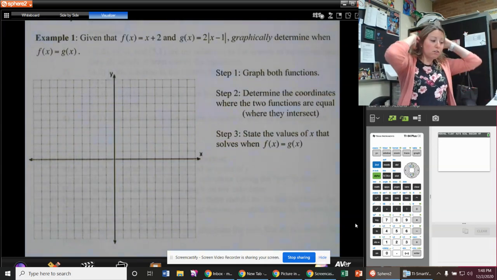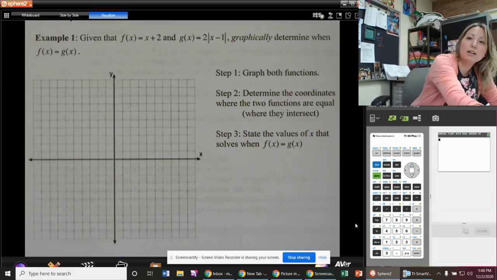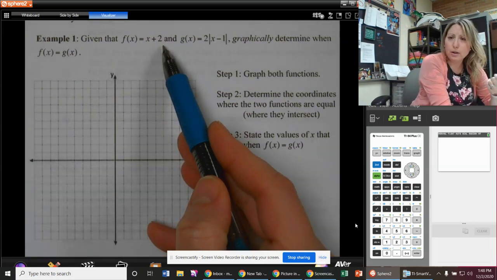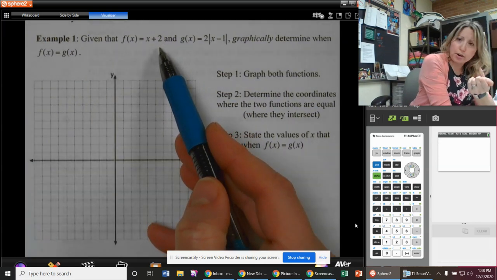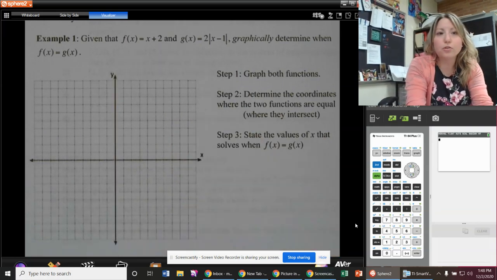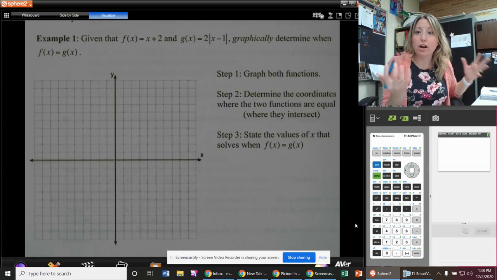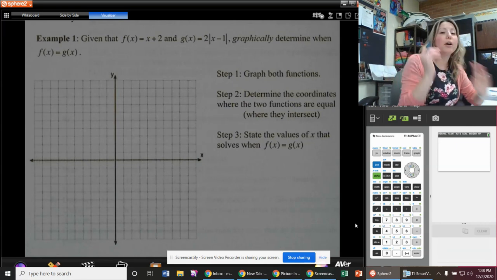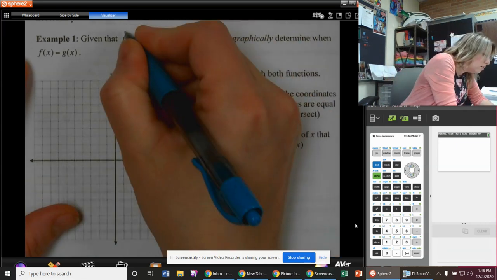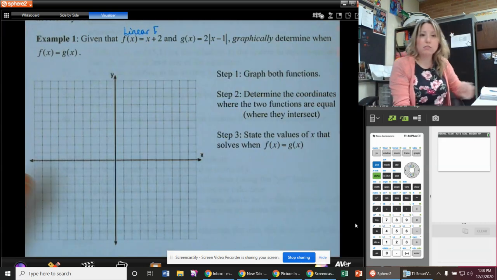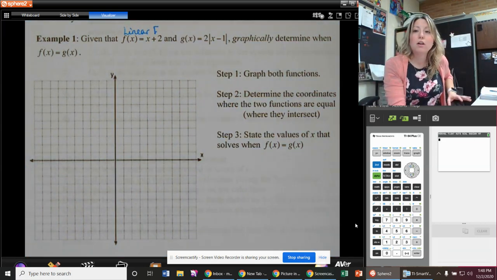Okay, so how do I know that f of x is a line? Well, look at its equation. There's no exponents. There's no bars around my variable. There's no squared. x isn't in the exponent. There isn't a radical at all, right? There's not a square root symbol. So that's how I know that this is a linear function.